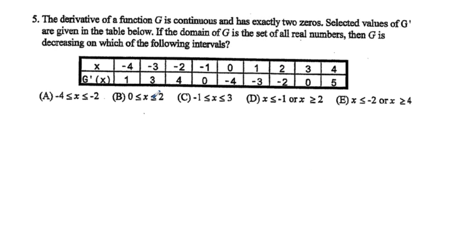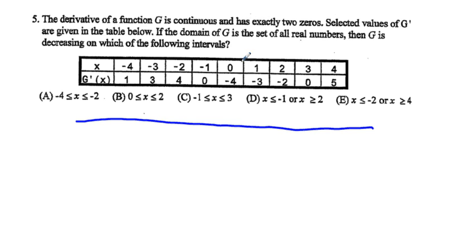Next, let's go on to 5. The derivative function capital G is continuous and has exactly 2 zeros. Selected values of G prime are given in the table below. If the domain of G is the set of all real numbers, then G is decreasing on which of the following intervals? Again, we can try to work this out as a number line. I'm going to put it right below the table.